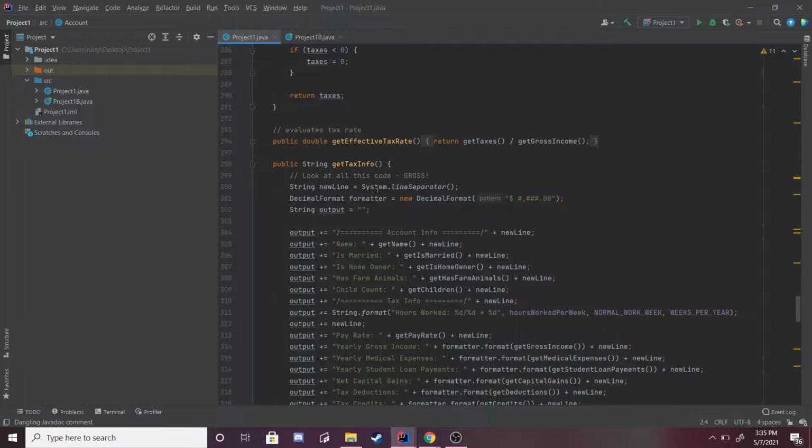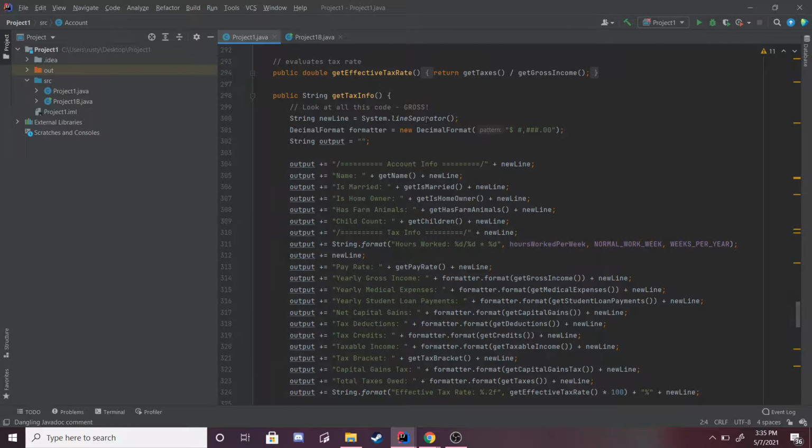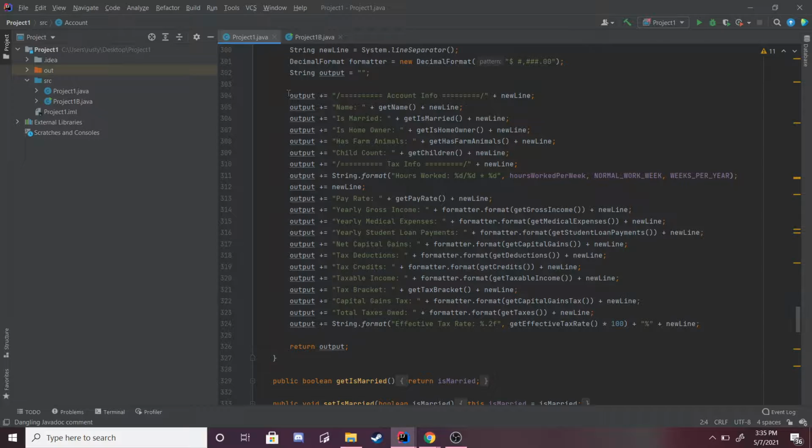A public string here gets the tax info. And here is all our output for what will be printed on the line.